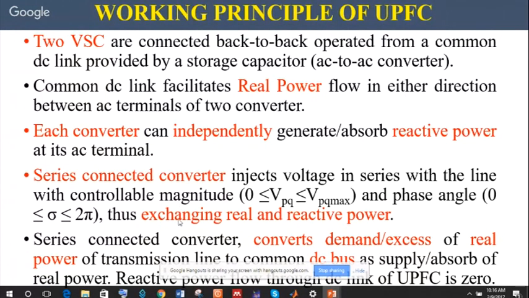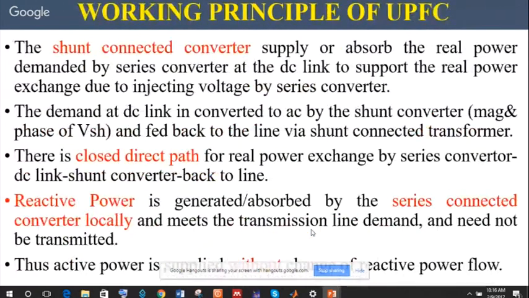Thus, when the phase changes with respect to the transmission line voltage, it exchanges real power as well as reactive power. When the phase angle is 90 degrees, it can exchange only reactive power. But when it is different from 90, it will exchange real as well as reactive power.